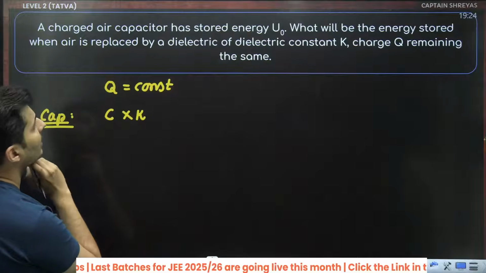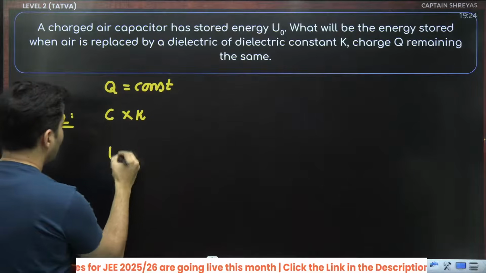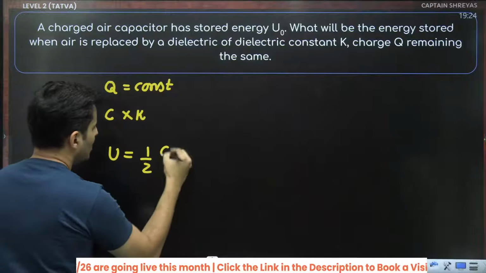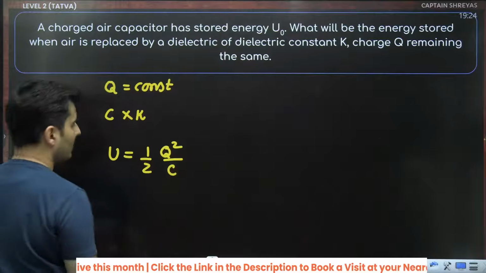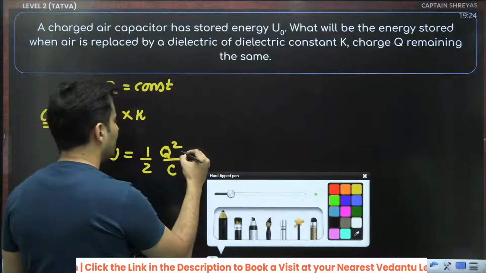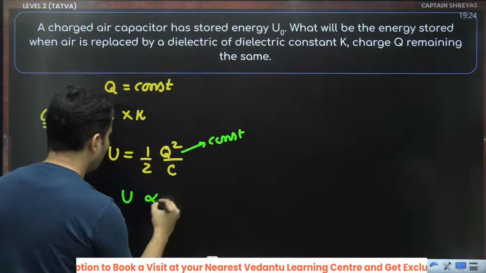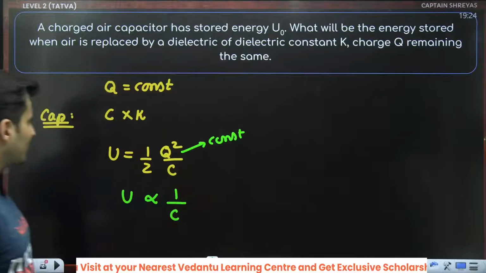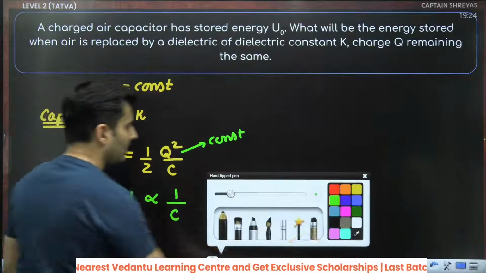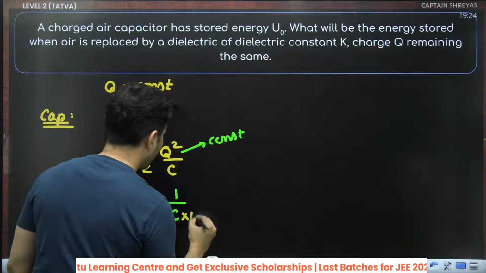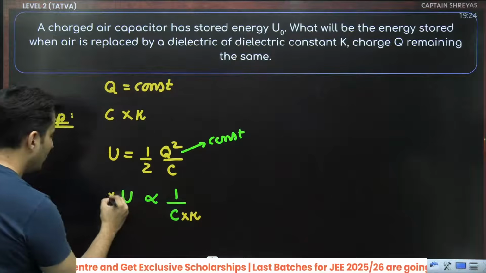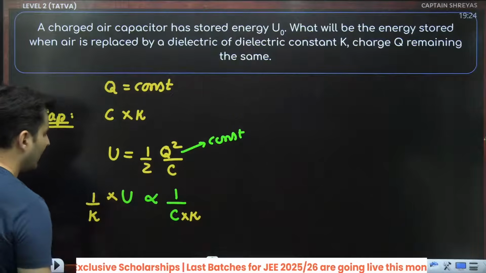Energy is half Q square divided by C. Since the numerator is a constant, easily it can be seen U is inversely proportional to C. So if C increases K times, naturally U will change by 1 by K times.